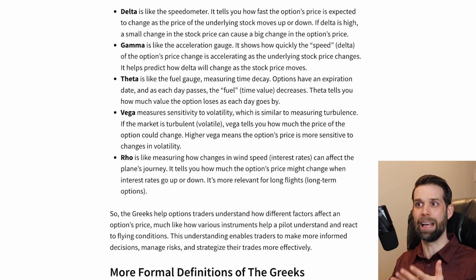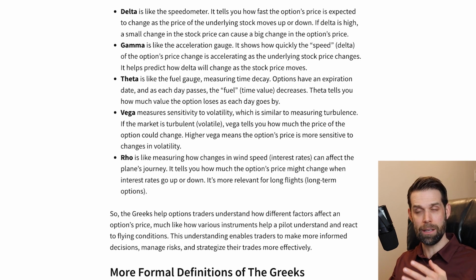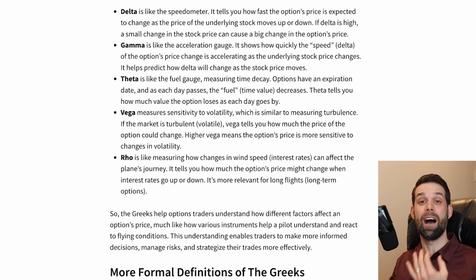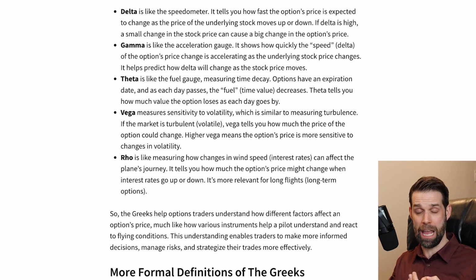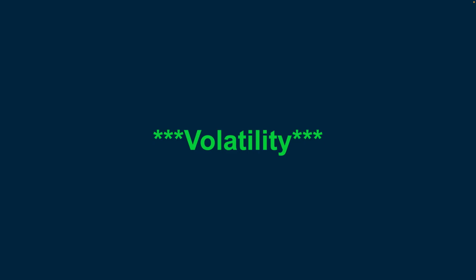And then we have Vega and Rho. So Vega measures sensitivity to volatility, which is similar to measuring the turbulence in a flight. So if the market is turbulent, meaning the price of an option is going up and down, it's very volatile, it's moving around a lot, then Vega will tell you how much the price of the option could change. So if an option has a higher Vega, that means the option's price is more sensitive to changes in volatility.